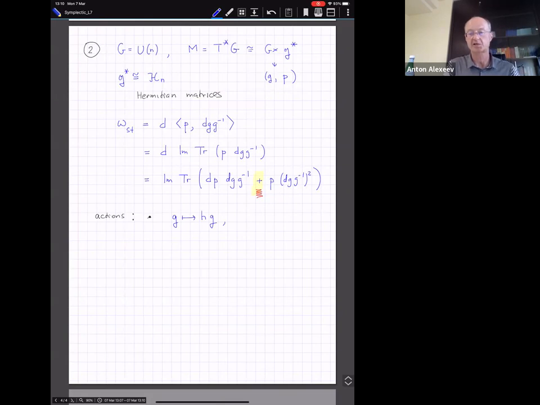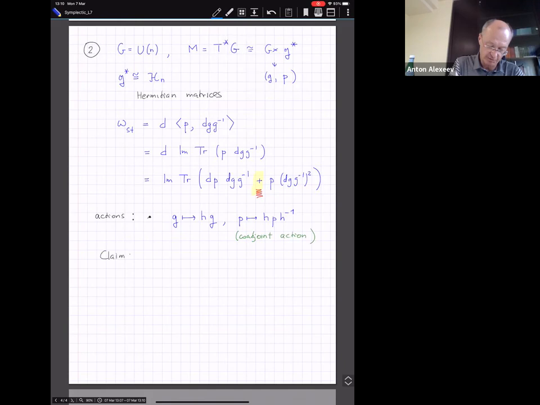I'm acting on the left on the group element G by some group element H of Un, and at the same time I conjugate P by the same matrix. So this is actually, in this case, the coadjoint action.